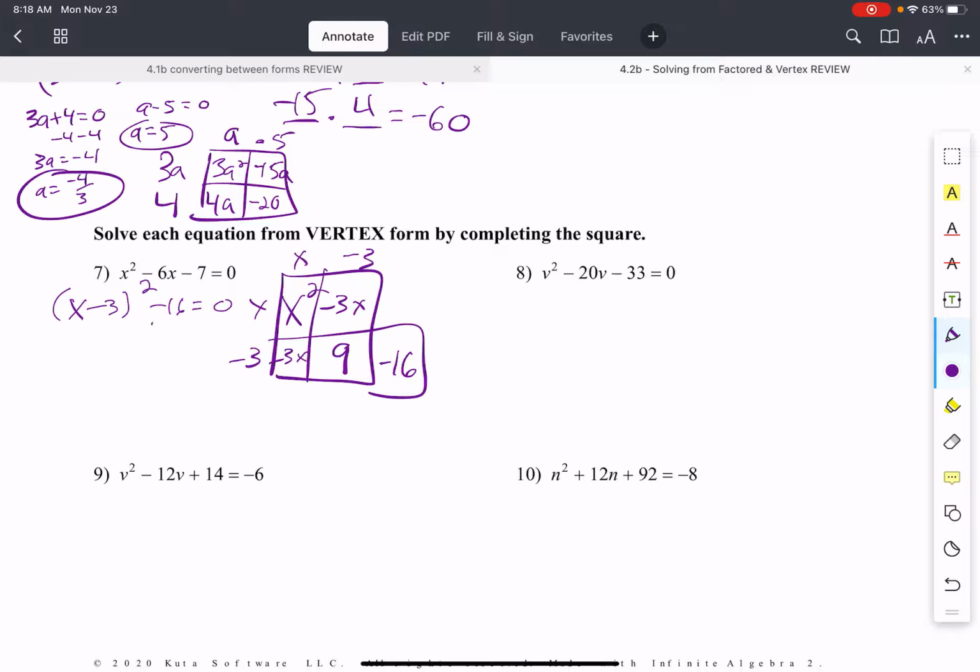Good, Kelsey. Plus 16. Opposite of PEMDAS. Then what? Then square root. And the plus or minus happens now. Not at the end. Now.